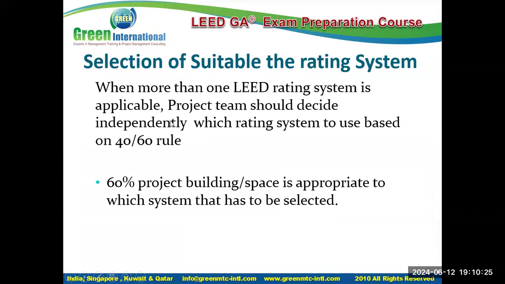When more than one LEED rating system is applicable, the project team should decide independently which rating system to use based on the 40-60 rule. 60% of the project building or space is appropriate to which system, that has to be selected. Right, so if it is a mixed use type of building, you have to use the 60-40 rule. Then the rating system that covers 60% of the building space has to be selected, and that has to be justified in your document and submitted.